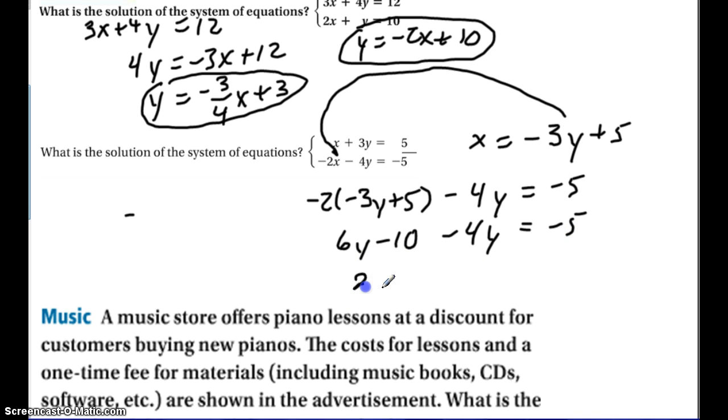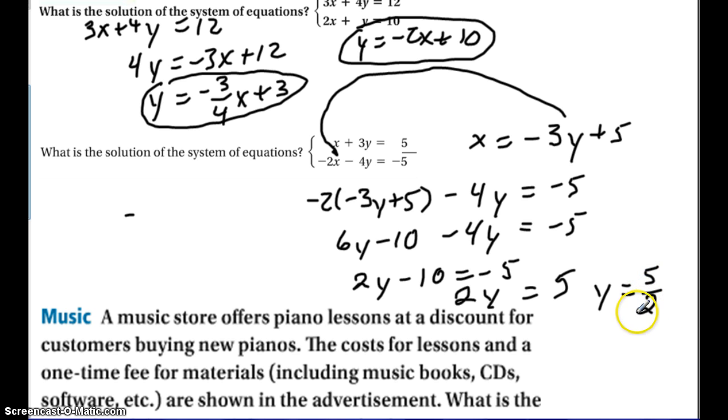Combine. Simplify. And y is going to equal 5 halves. Now what you would do is go ahead and plug this back into the original equation for y.